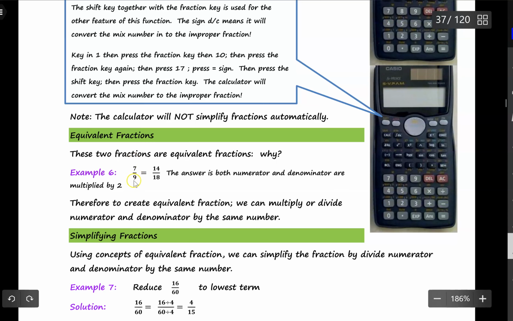In terms of the fraction, 7 is related to 14: if you multiply 7 by 2, you get 14, and if you multiply 9 by the same number 2, you get 18.